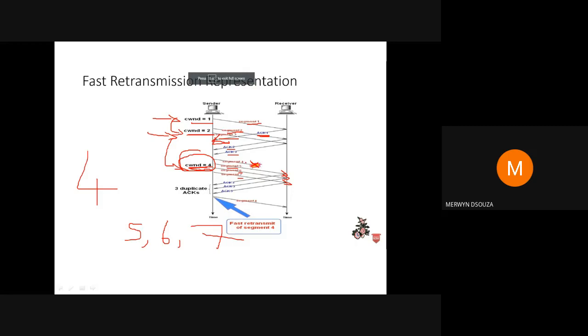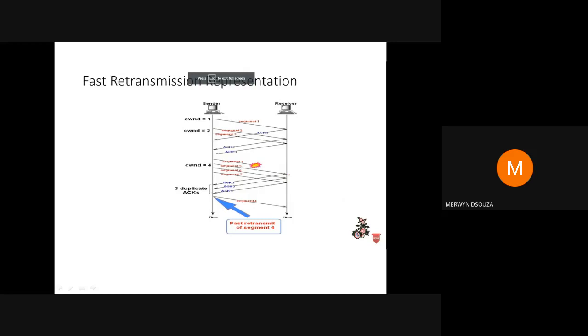Because if segment 4 was lost due to congestion, then since segments 5, 6, and 7 were sent after segment 4, even they should have been lost or not been received by the receiver. But since they have arrived, packet 4 has been lost not due to congestion but due to some error. I hope I made myself clear.